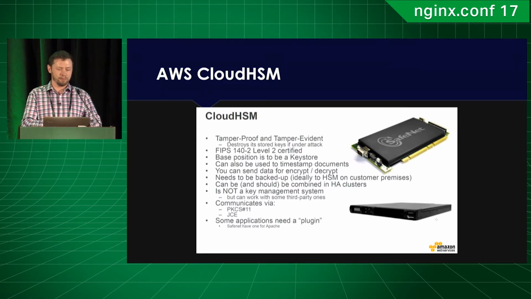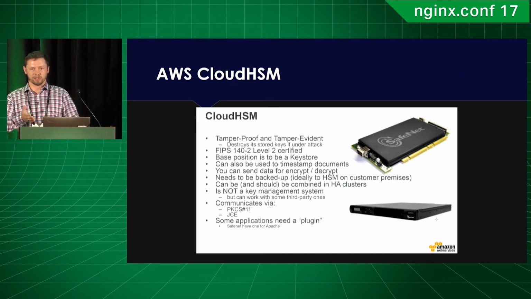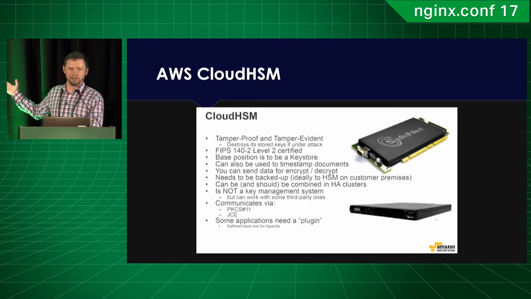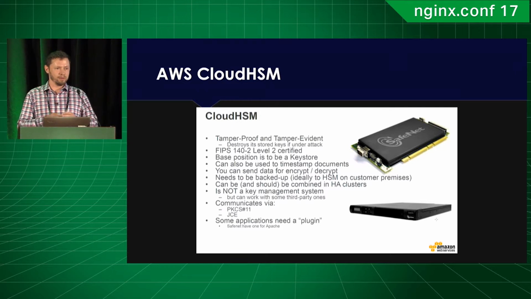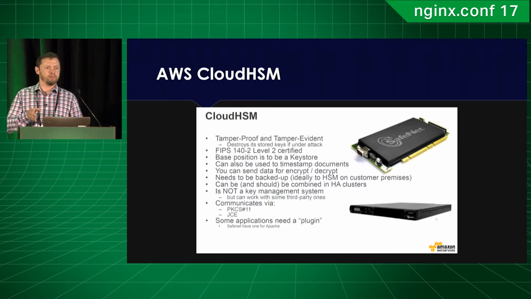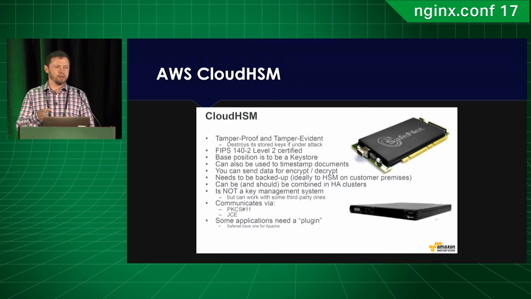Instead of the path to the private key in the NGINX conf, instead of typing /etc/super secret private key.pki, you type engine colon CloudHSM or Gemalto HSM or whatever OpenSSL engine you have installed on your web server, and then the identifier of the key.